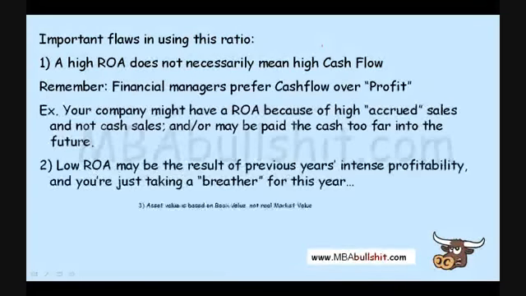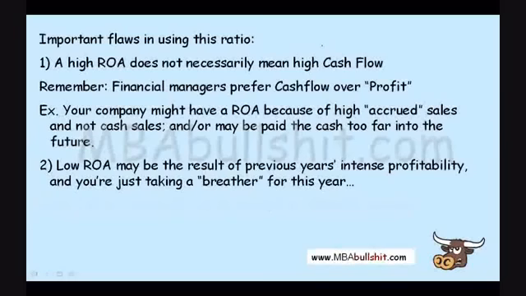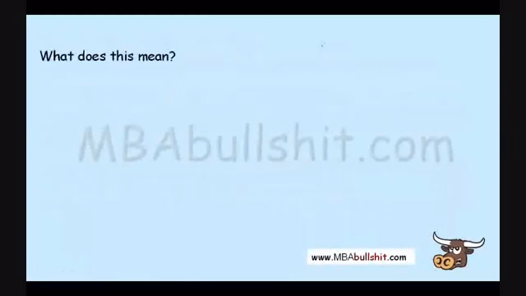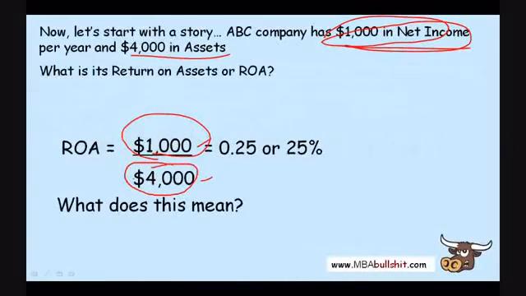All right. Third, asset value is based on book value, not real market value. Remember, in this ratio over here, this figure down here is supposed to be the value of the company's assets. But where do we get this $4,000?